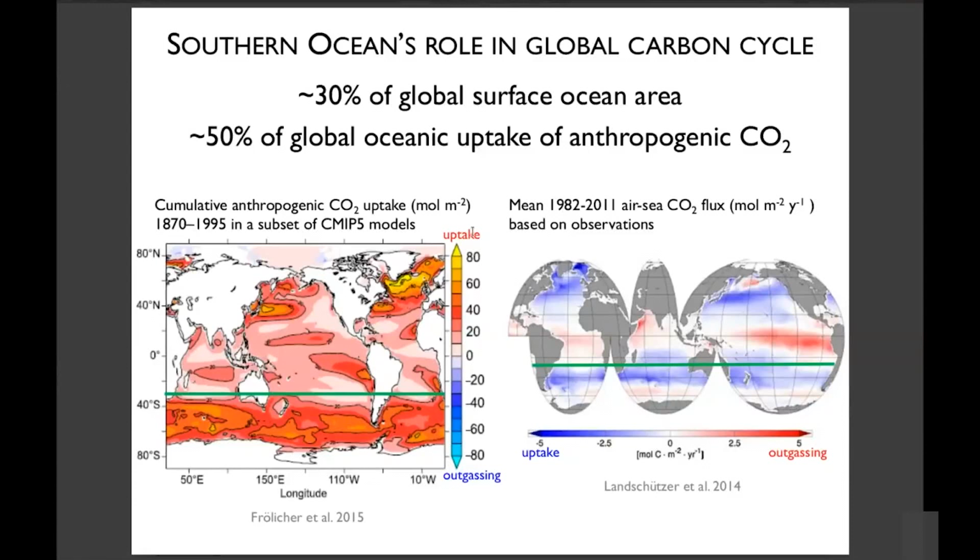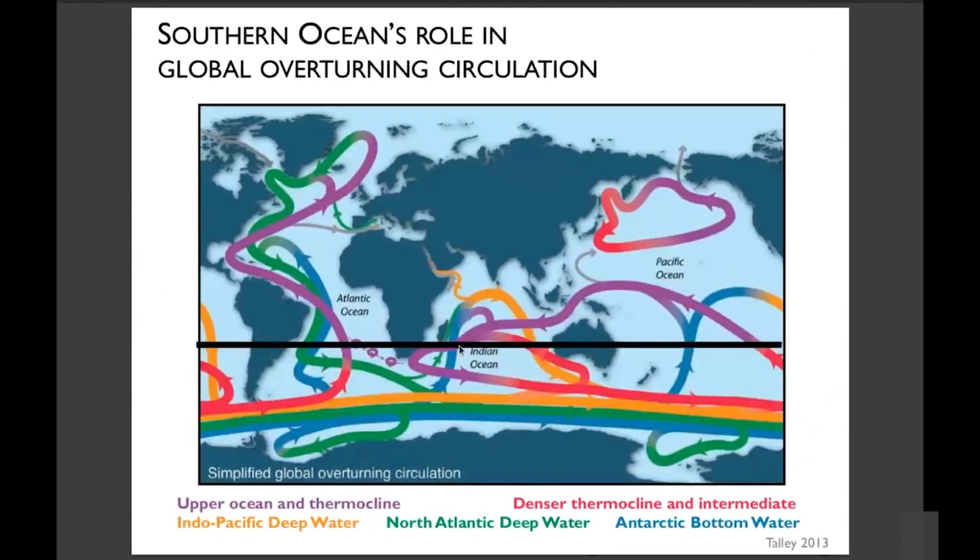Okay, my point here, hopefully you've all had enough time to look at this, is that the Southern Ocean plays an important role in the global carbon cycle. And the reason is that it's intimately tied to its role in the global overturning circulation. That's shown schematically here, and I've drawn this line at approximately 30 south.